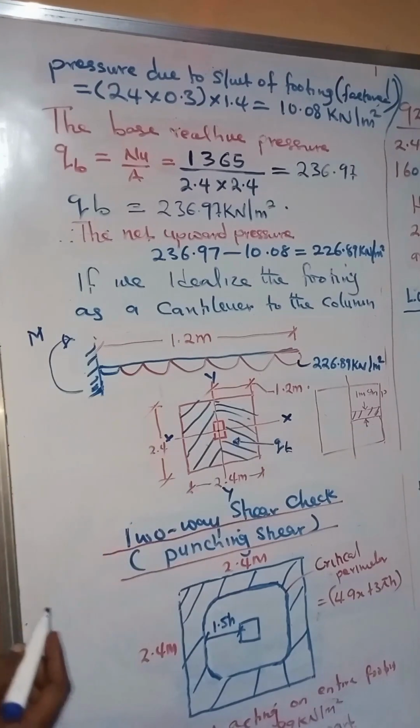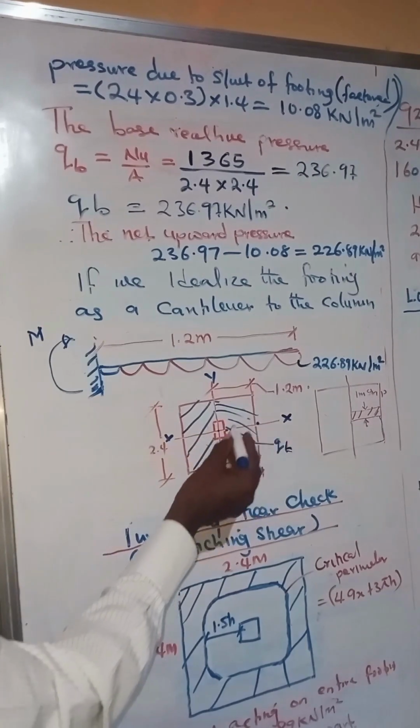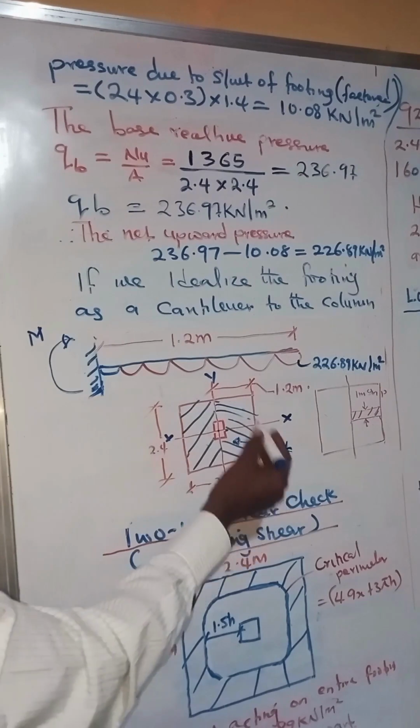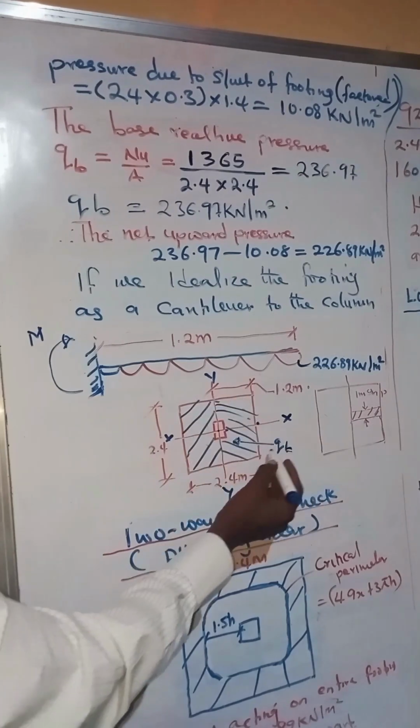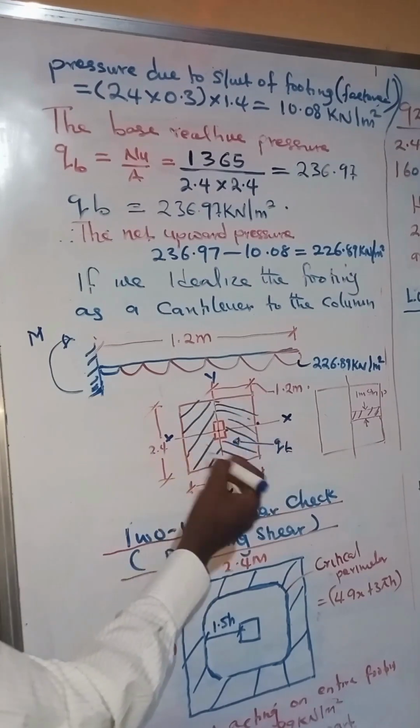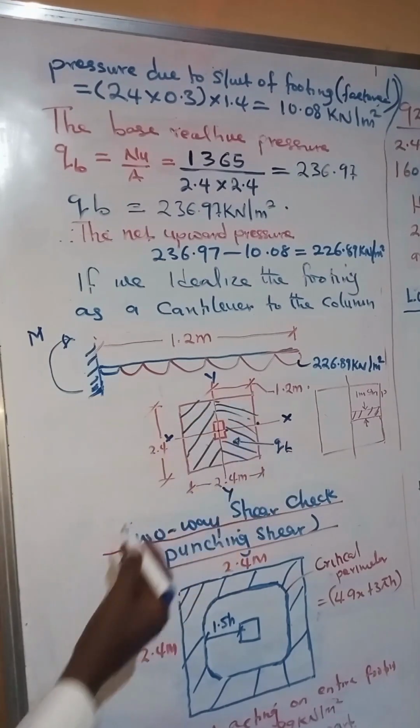Like we've demonstrated in the other chart, the footing is acting as a cantilever spanning from the column. From here to here is the column. Now let's assume that the load acting on the entire surface of the footing, let's call it QB, represents the base reactive pressure that is acting on the entire surface of the footing.